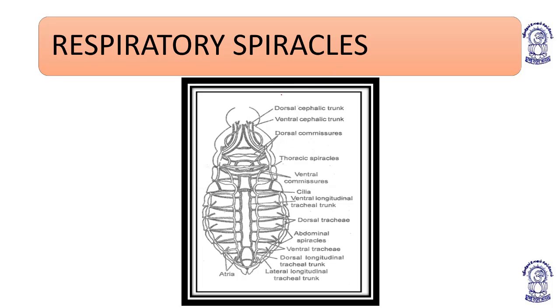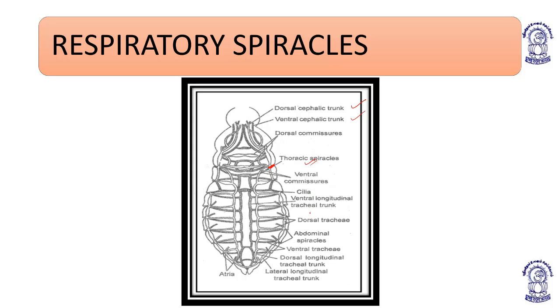You can see the dorsal cephalic trunk and ventral cephalic trunk. These are the commissures which join the different parts. Thoracic spiracles. Then the dorsal commissure joins on the dorsal side, and the ventral commissure joins on the ventral side.